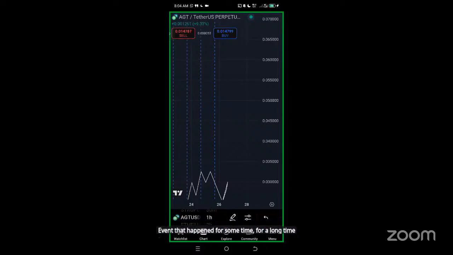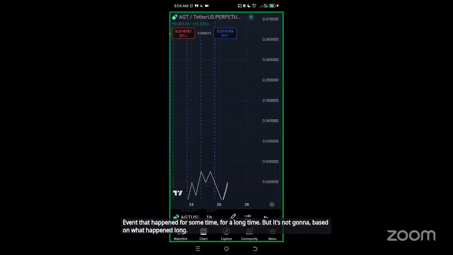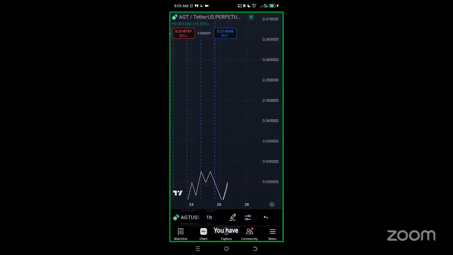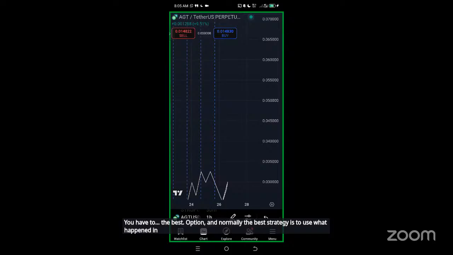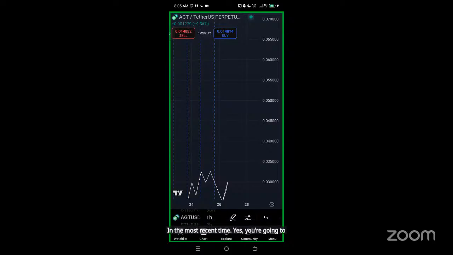But you're not going to base on what happened long ago. The best strategy is normally to use what happened in the most recent time to predict your future. Though sometimes what happened long ago helps you confirm whether the areas you've captured are the real areas.